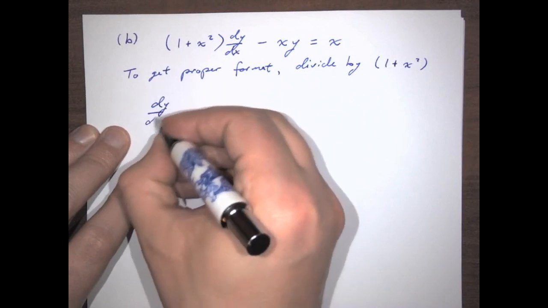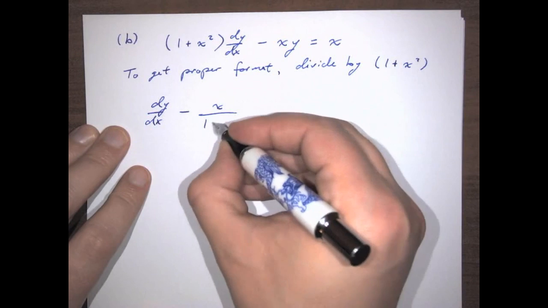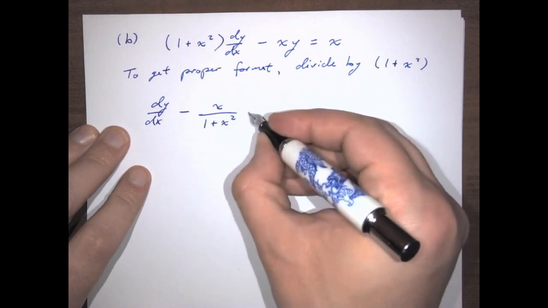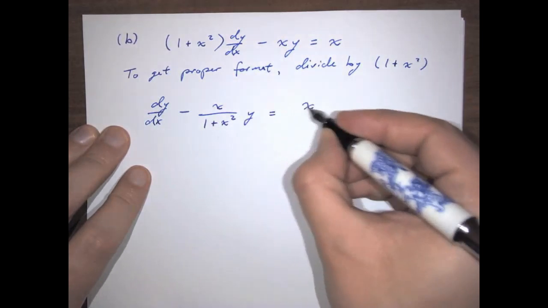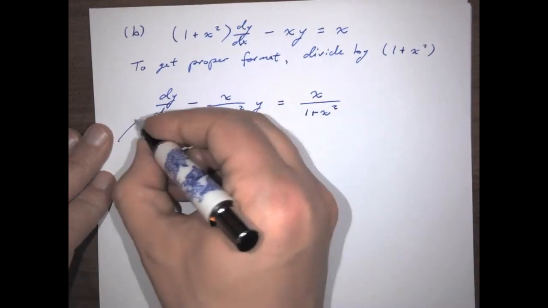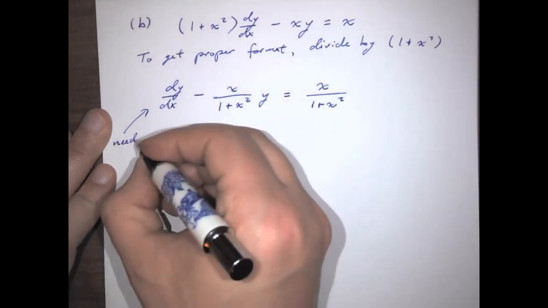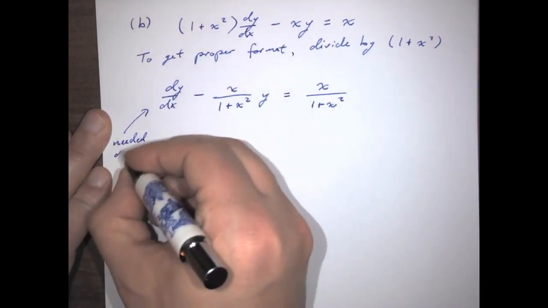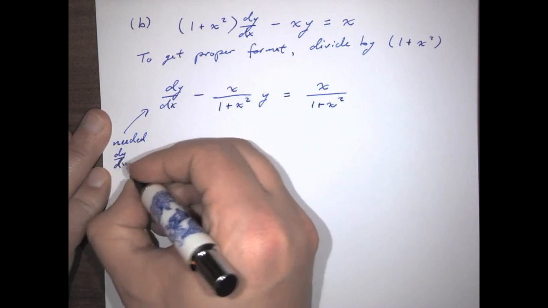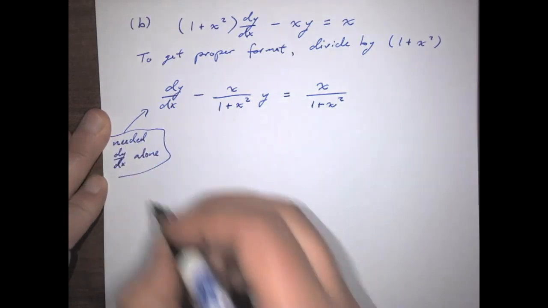So dy/dx minus x over 1 plus x squared y equals x over 1 plus x squared. So we needed dy/dx alone. That's why we did that.